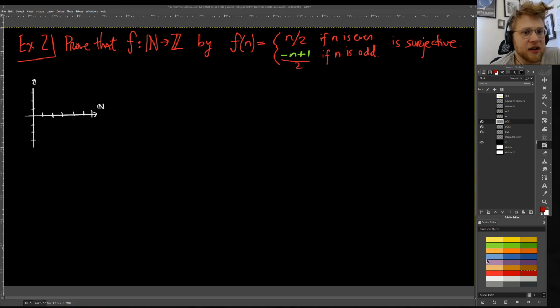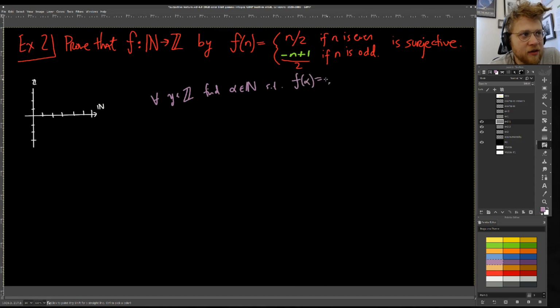So our plan here is that we want to say for every element y in the codomain, we want to find an appropriate alpha where f of alpha equals this y.